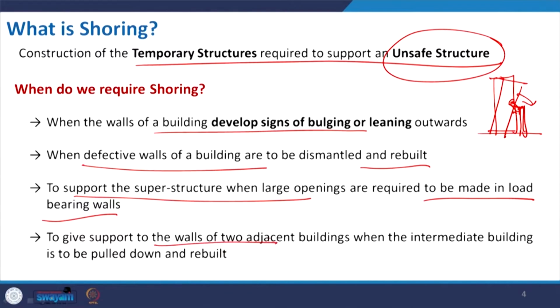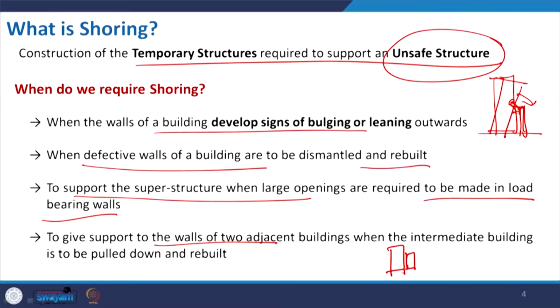Now, it also gives support to the walls of two adjacent buildings. Say we have a series of buildings that are very close to each other, and we have to dismantle the building in between.